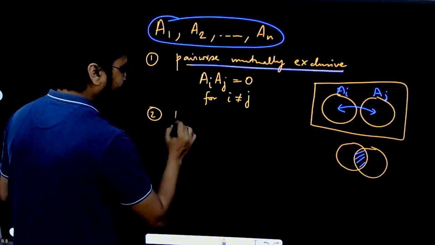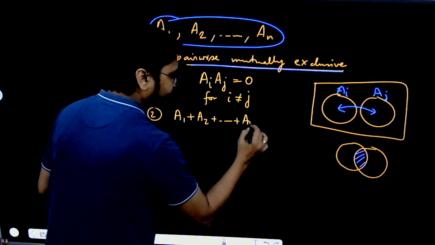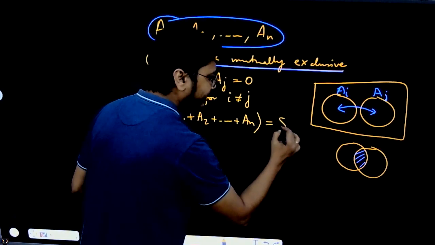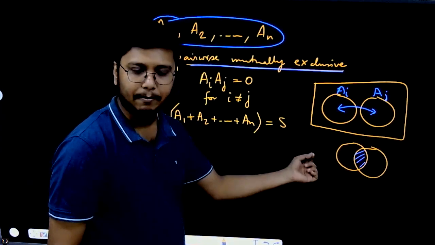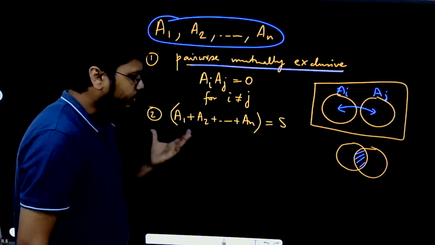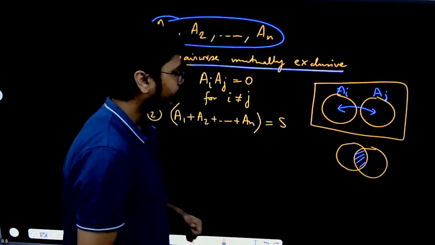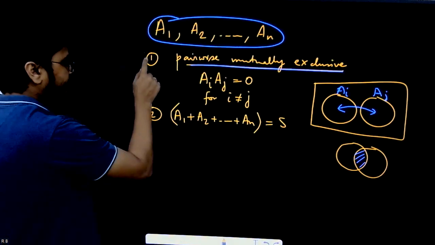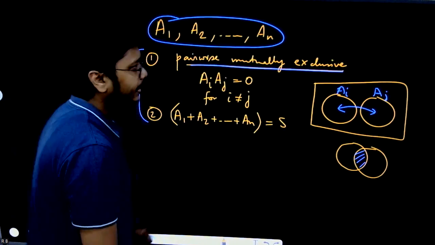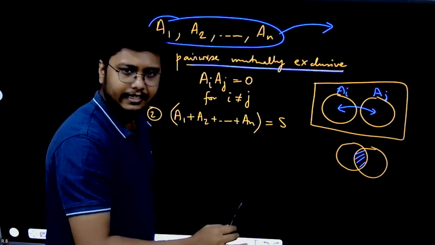That means a1 plus a2 plus dot dot dot an, the union of all the events, has to be equal to the entire sample space, capital S. Okay, so a1 to an forms the exhaustive set.